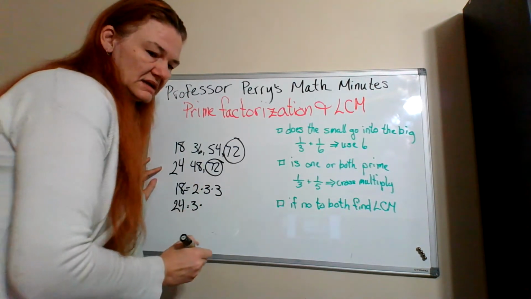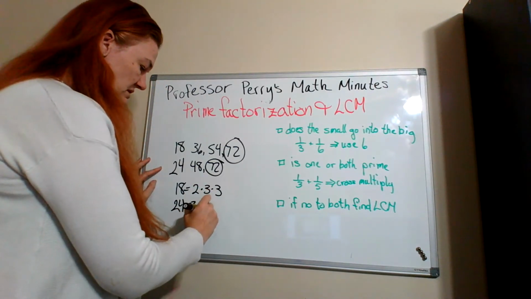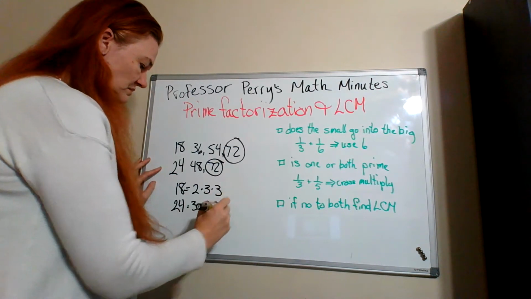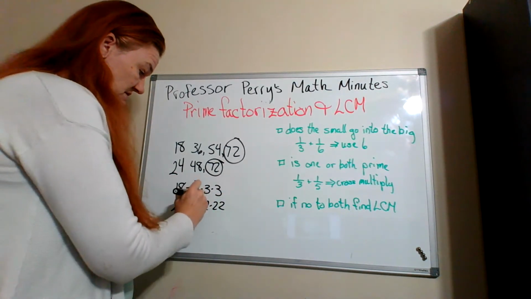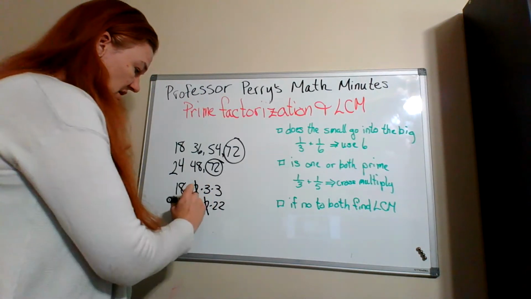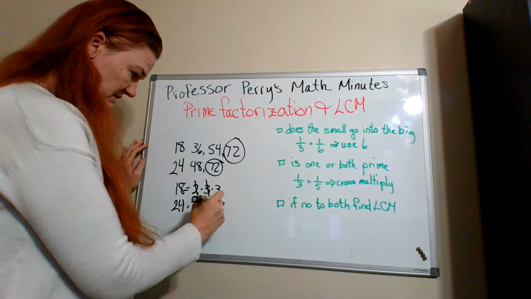And then 8 is 2 times 4. 4 is 2 times 2. So now what you do is you take out everything that's common. I have a 2 and a 2. I have a 3 and a 3. Oops, I forgot my times there.